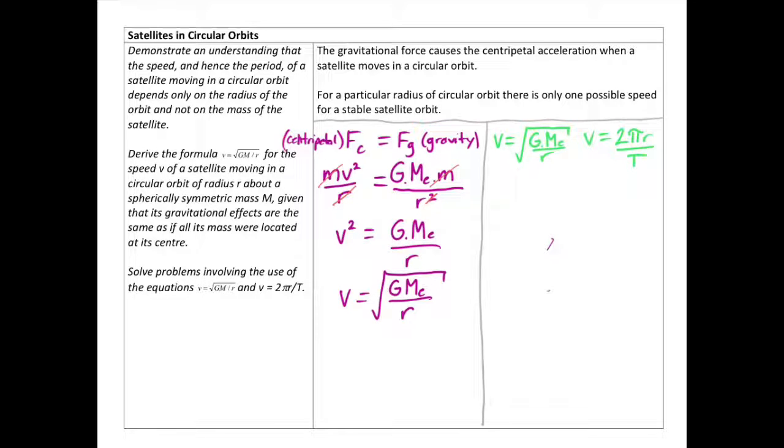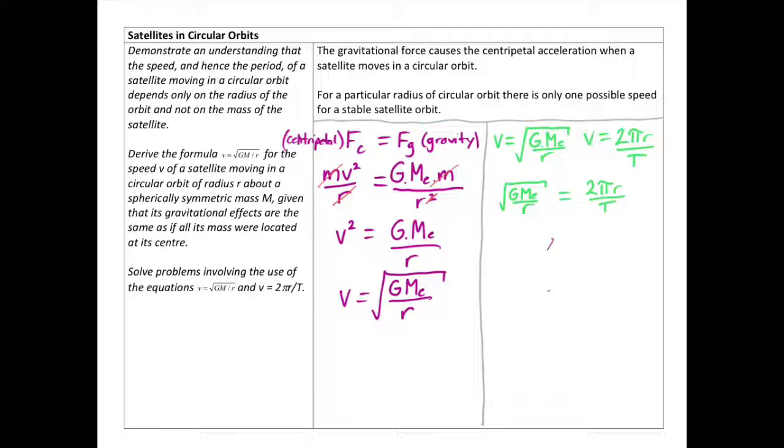And one thing that we're often interested in is what is the period, so how long does it take a satellite to do a complete revolution? So we're going to equate these two. So the square root of GM_E on r is equal to 2 pi r on period. Now the square root there is a little bit of a pain and it makes it difficult.